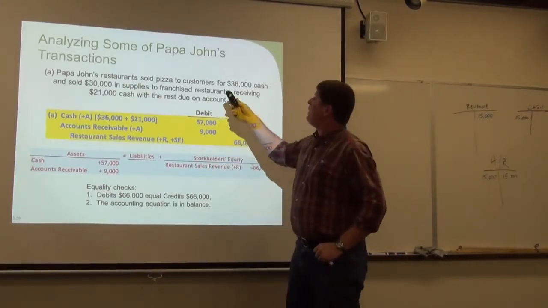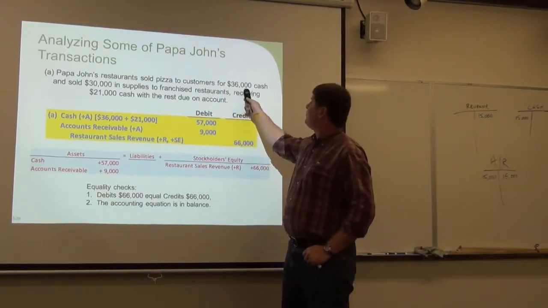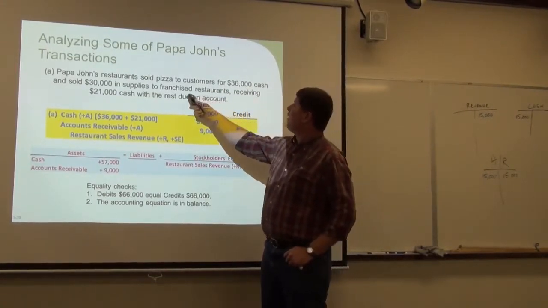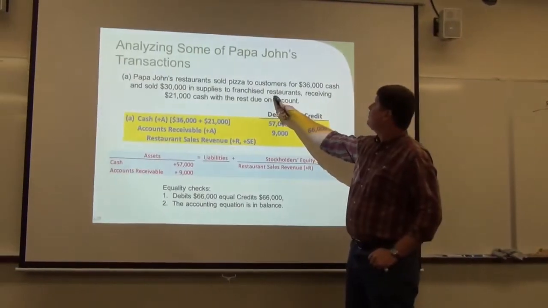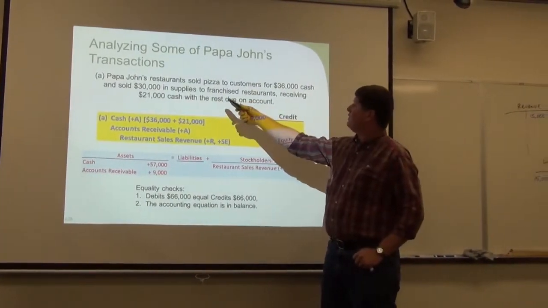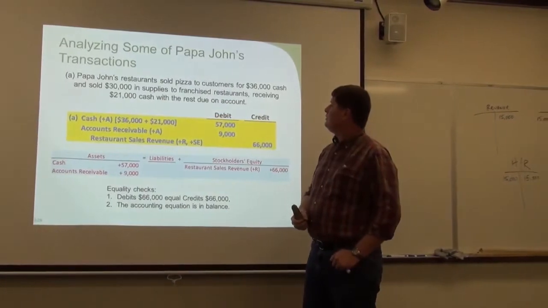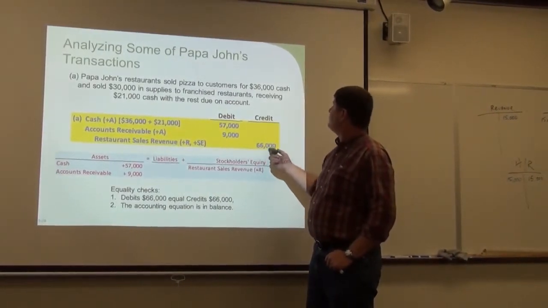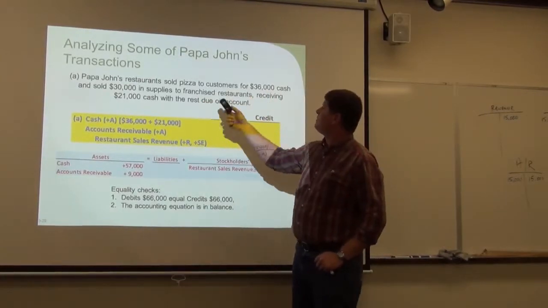So in this case, Papa John's sold pizzas for $36,000, and they sold supplies to the franchise guys for $30,000. So we have revenue of $66,000, 36 plus 30.